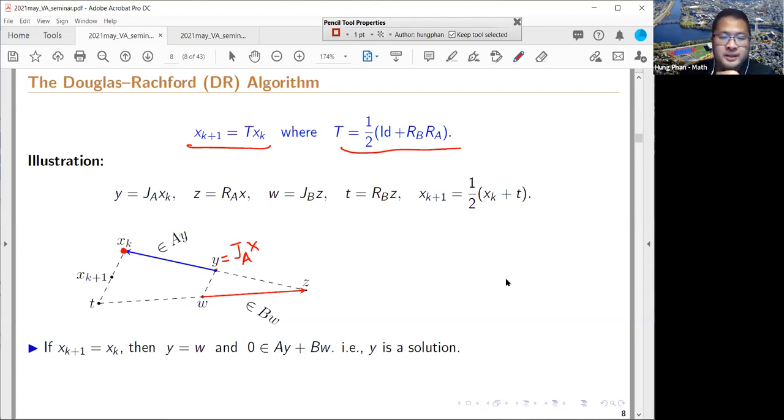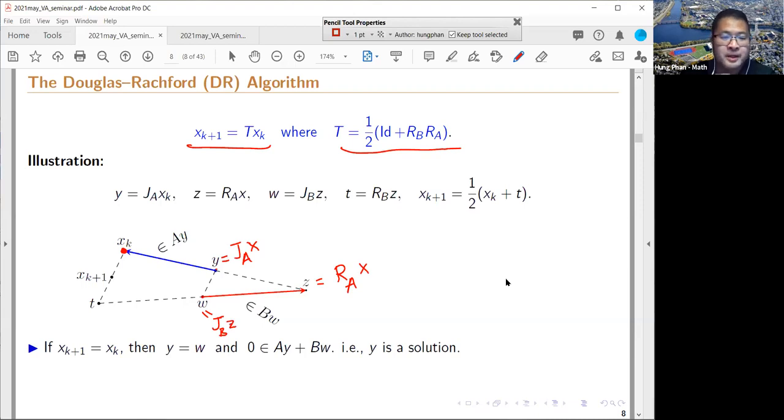After that, we take the reflection. This is going to be RA x. And then from this reflection z, we define w to be the resolvent JB of the point z.